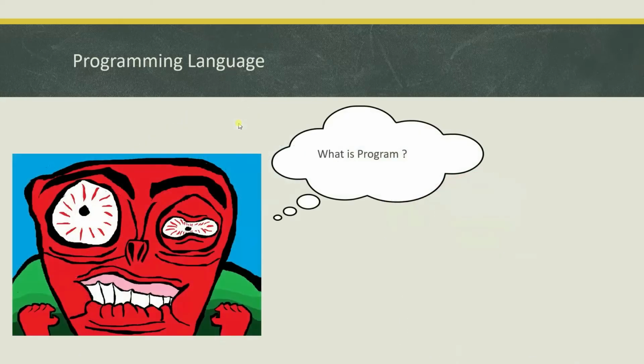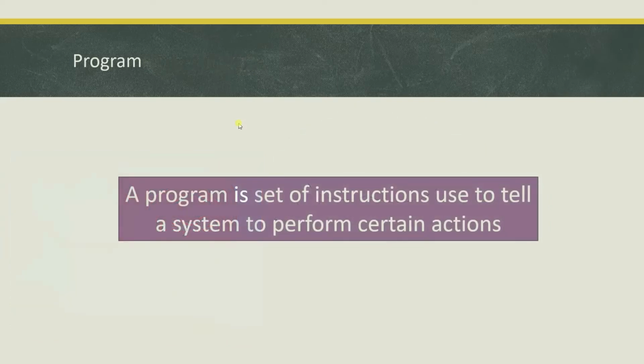So hold on, what is this program? Let's understand a program first. A program is a set of instructions used to tell a system to perform certain actions. In our case, we want to tell the system that we want to perform crop and rotate actions on the video.